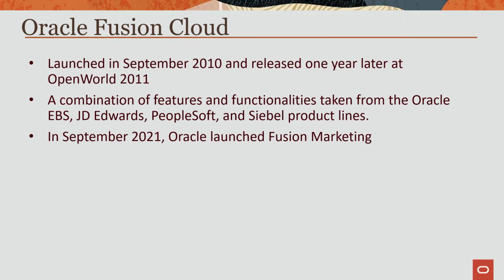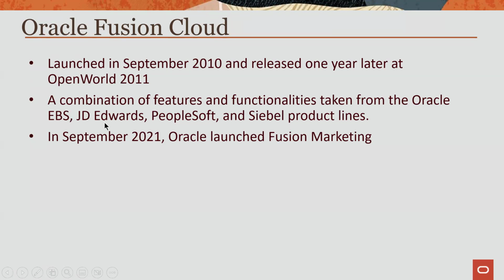E-Business Suite was an on-premise system, and Oracle also acquired some products like JD Edwards, PeopleSoft, and Siebel. Siebel is famous for CRM, PeopleSoft for HRM, and JD Edwards and EBS for ERP.